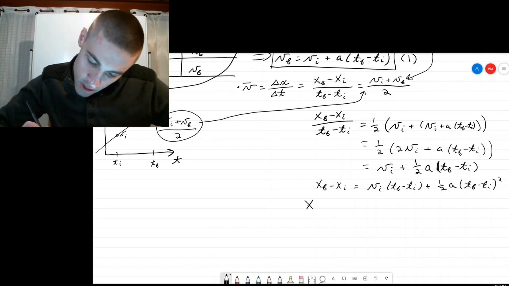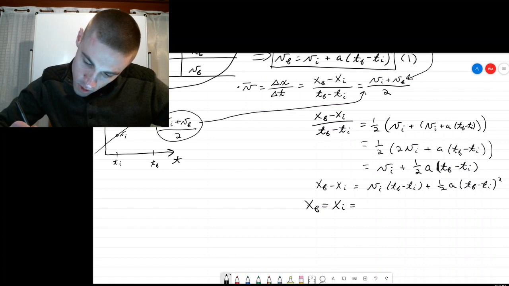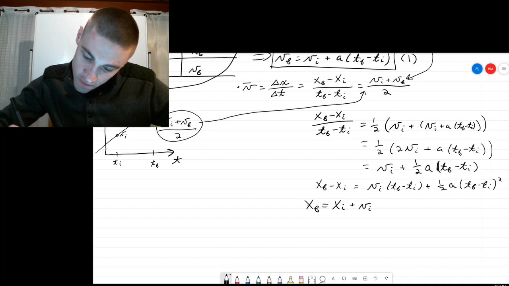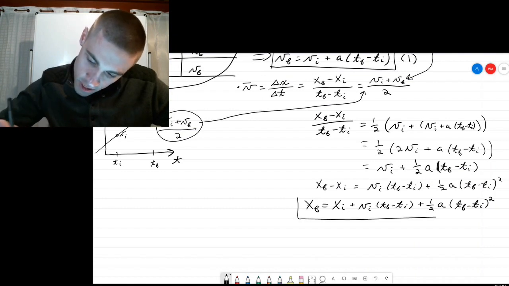And finally, I'll add x initial across, and you'll see that the final position is equal to the initial position plus v initial times change in time plus 1/2 acceleration times t final minus t initial squared. Okay, let's put a box around that.